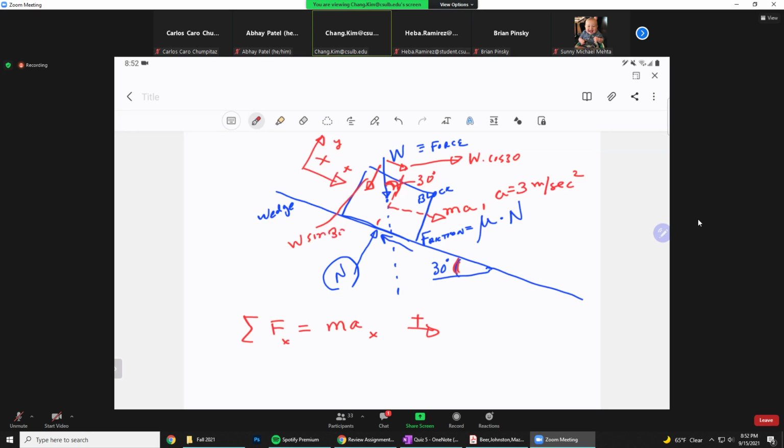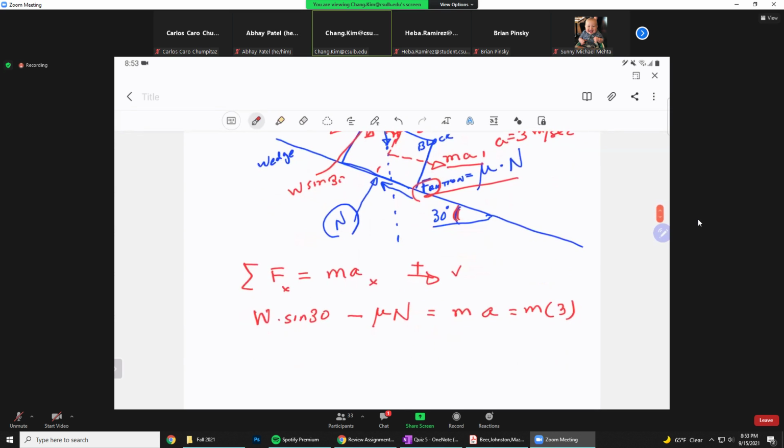These are the components of the W. This guy is in the downward direction, that's positive. W sine of 30 minus this friction force reacting is equal to mass times acceleration. In this case, acceleration was 3.